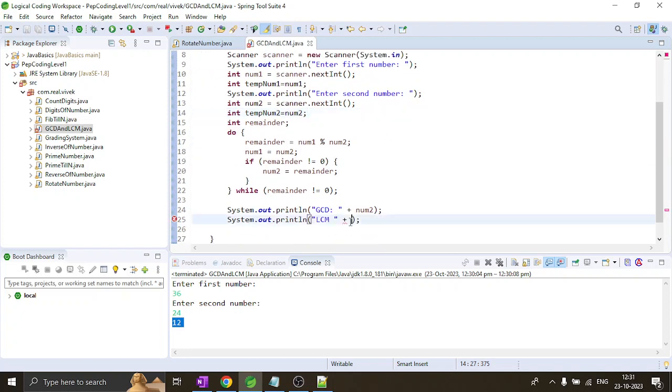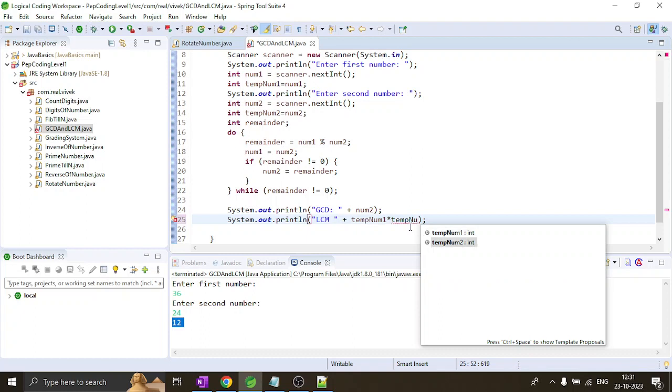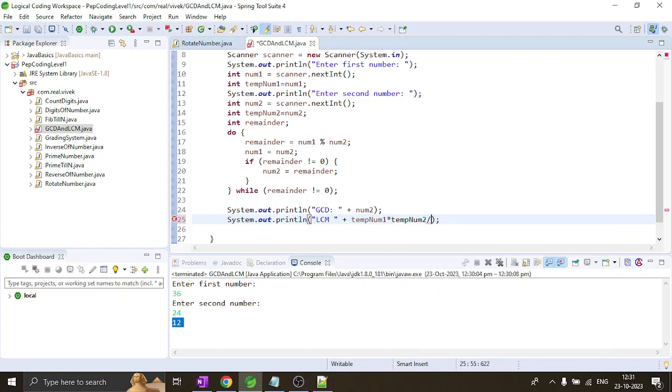So as we discussed, it is nothing but temp1 times temp2 divided by num2, because num2 is the GCD here, right?